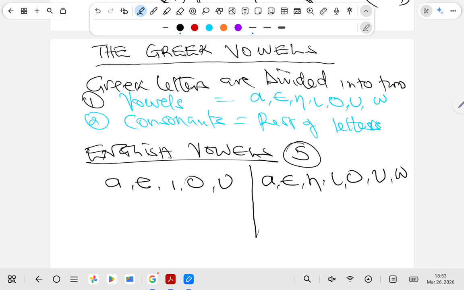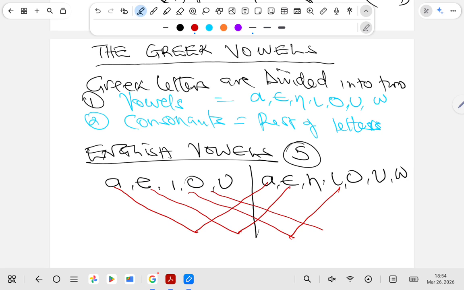So we see that alpha, A, is in common, iota is there, O for omicron, U with upsilon.